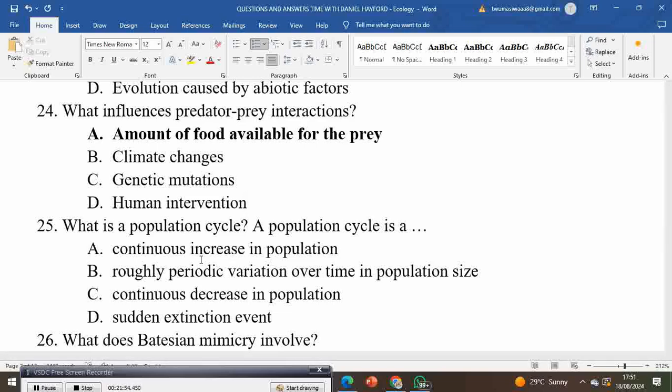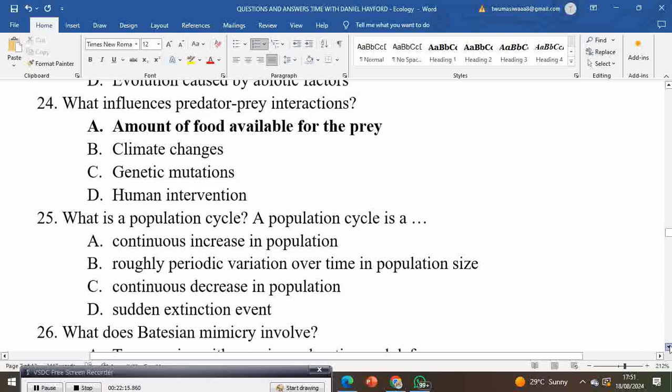Question number 25, what is a population cycle? A population cycle is a... So what do you know about population cycle? The option A is continuous increase in population. B, roughly periodic variation over time in population size. C, continuous decrease in population. And D, sudden extinction event.